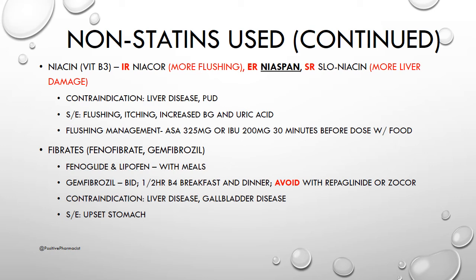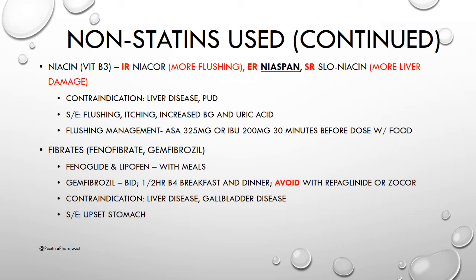The reason why the Niaspan is bold and underlined is because that's the best one recommended to use in patients when niacin is to be considered. So niacin reduces both triglycerides and LDL. So if a patient has those two as an issue, niacin is a good one to consider. But you want to look at extended release niacin to use and not the other two.